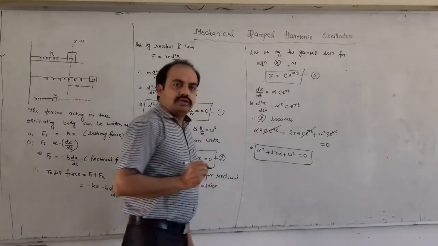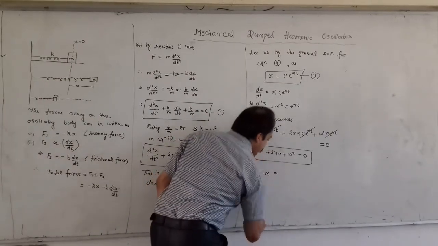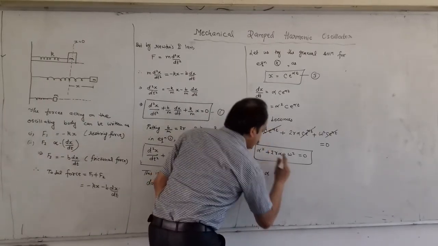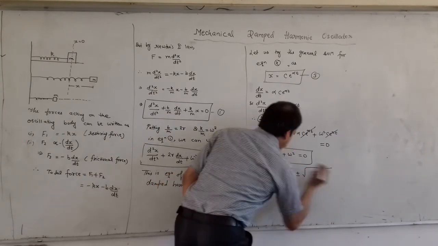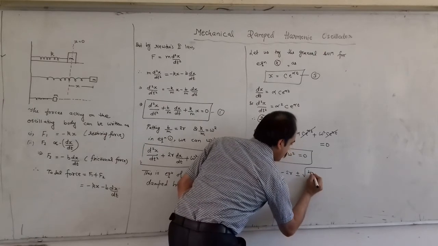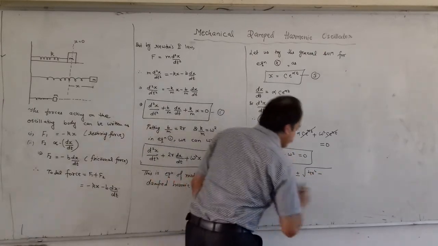So we can solve for alpha: alpha equals minus b plus minus under root b square minus 4ac upon 2a, where a is 1 and c is omega square.